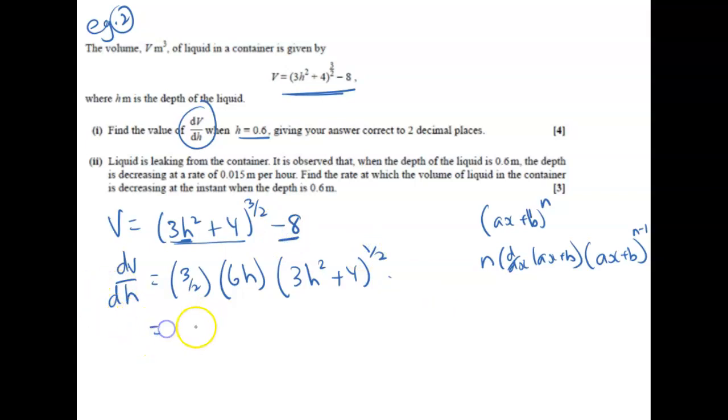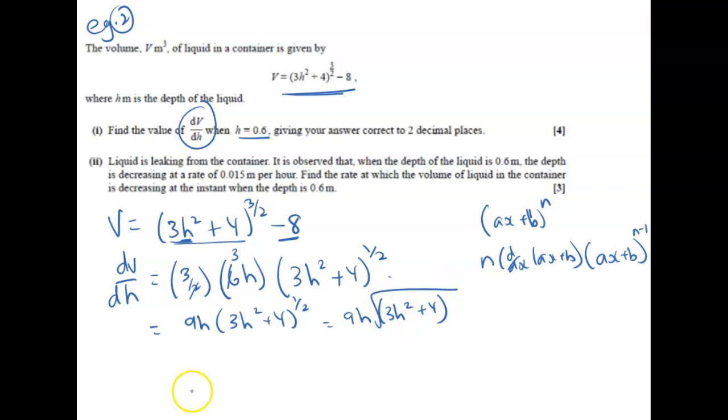Simplifying this, this will cancel here, 3. I'll get 9h times (3h² + 4) to the half, which is the same as writing 9h times the square root of 3h² + 4. So that is dV/dh, but now we need to find it when h is 0.6.